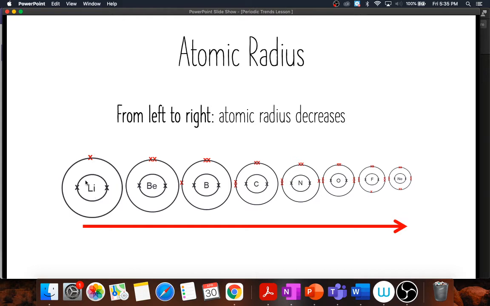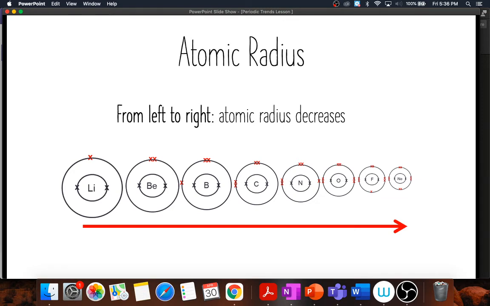So the shielding that exists in lithium is the same as the amount of shielding that exists in neon. However, you'll notice that the number of valence electrons is increasing. So because those are increasing and the shielding stays the same, there is a stronger attraction between the valence electrons and the protons in the nucleus. And because of that strong attraction, those electrons get pulled closer and closer to that nucleus.